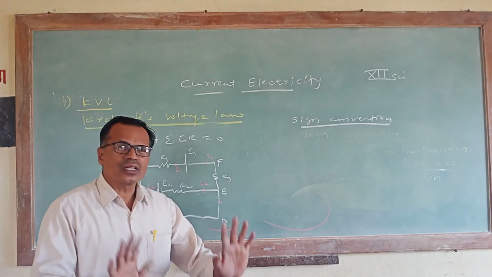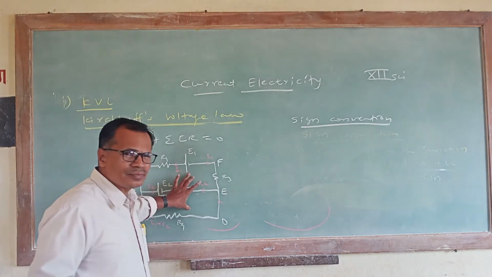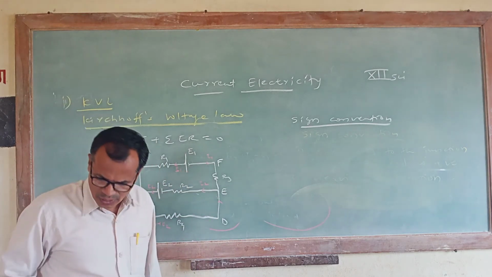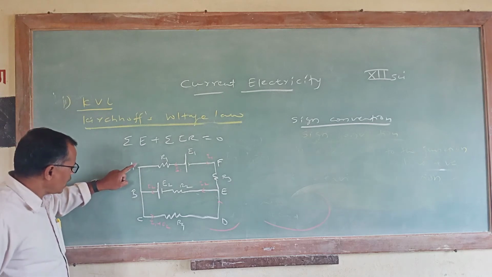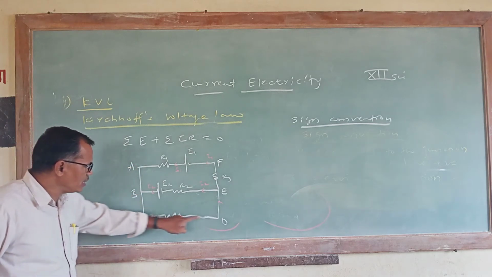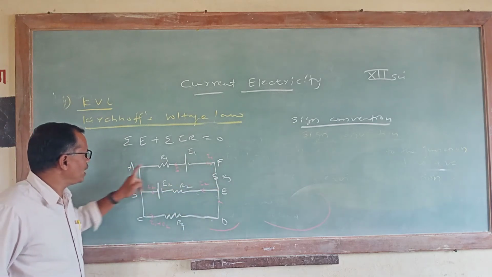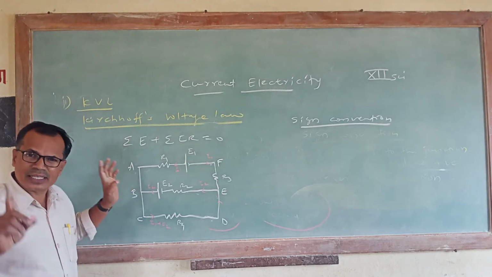Now we will see the closed loops. In this diagram, there are three closed loops. One closed loop is A, B, C, D, E, F and A. The starting point and end point are the same for a closed loop.